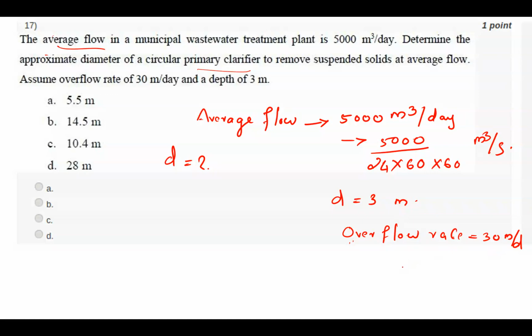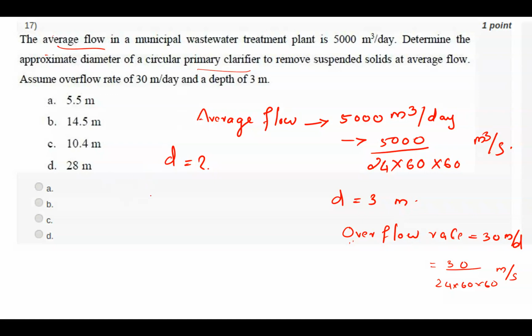To convert into meter per second, divide by 24 into 60 into 60. Now you have to calculate the diameter.